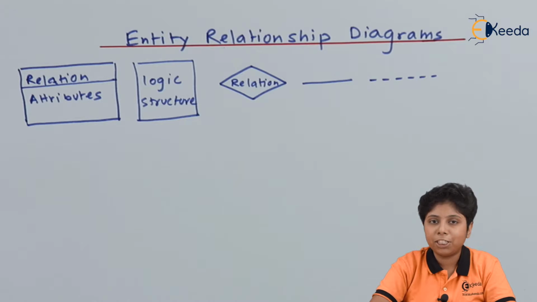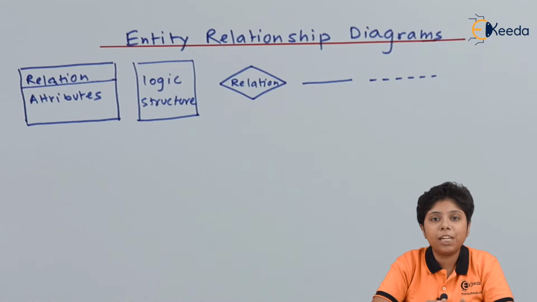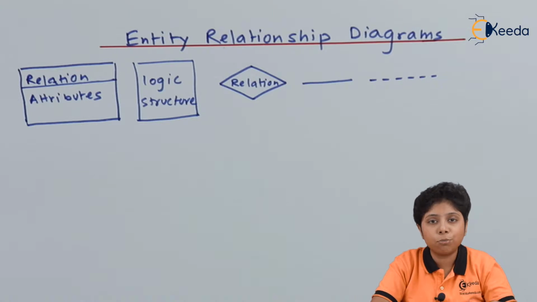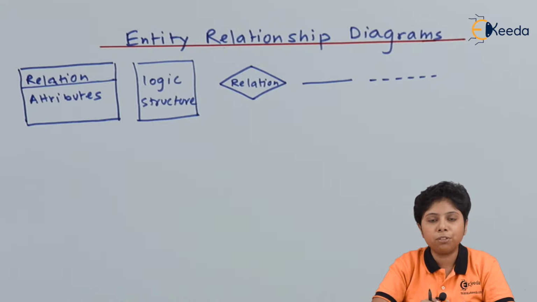Now, what if I want to join an attribute to a relation? That is done by the dashed line. The dashed line actually joins an attribute of a relation to the relation.